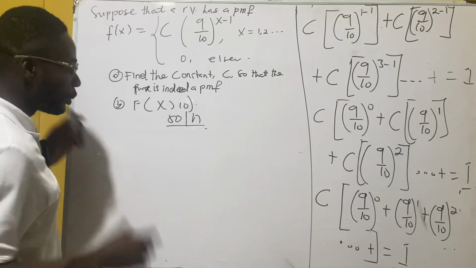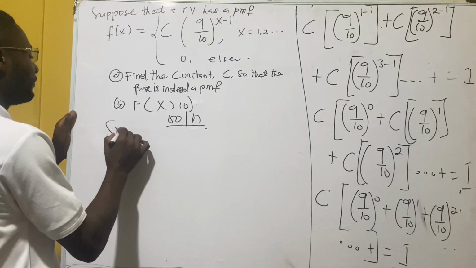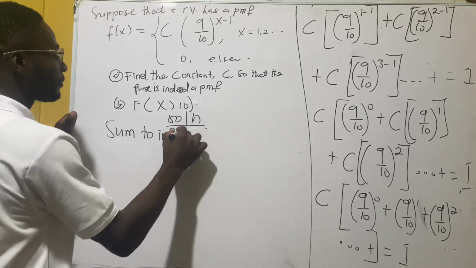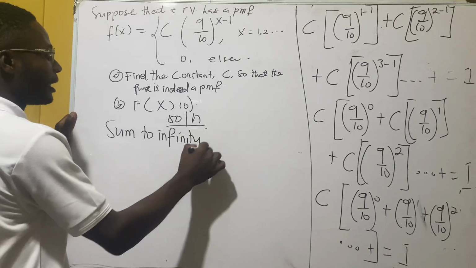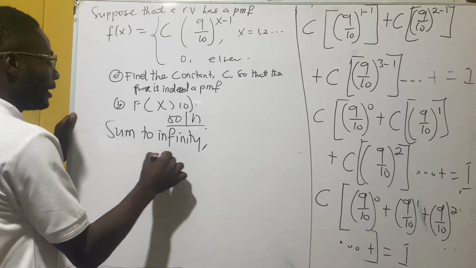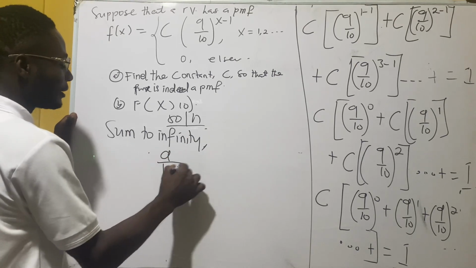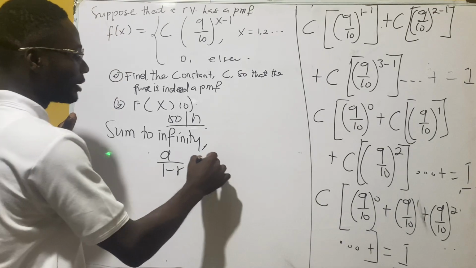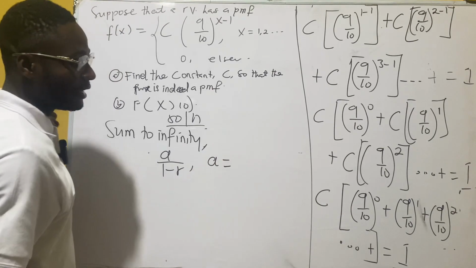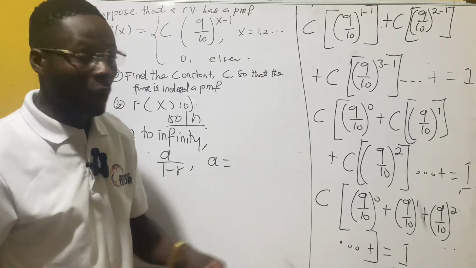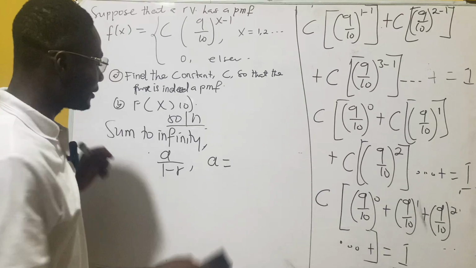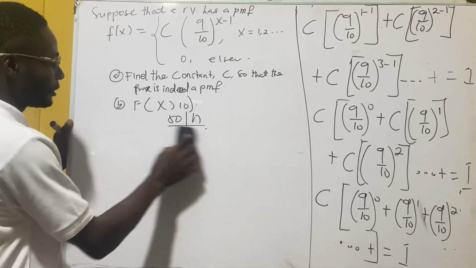Okay, so we know that the sum to infinity formula is giving us a over 1 minus r. And from this information, we can see that our a is equal to 1. Let me break that down before we start the process.